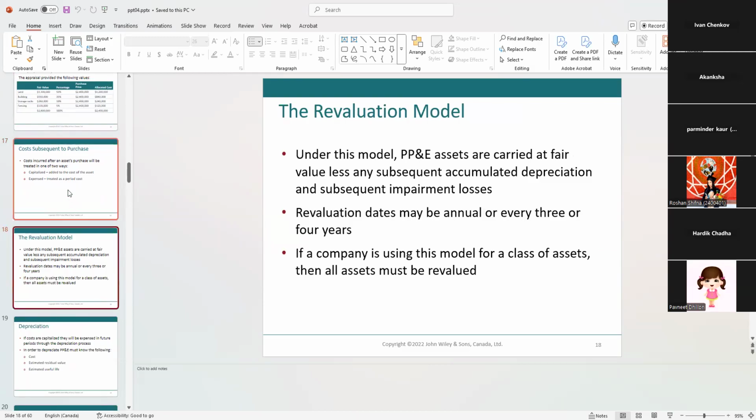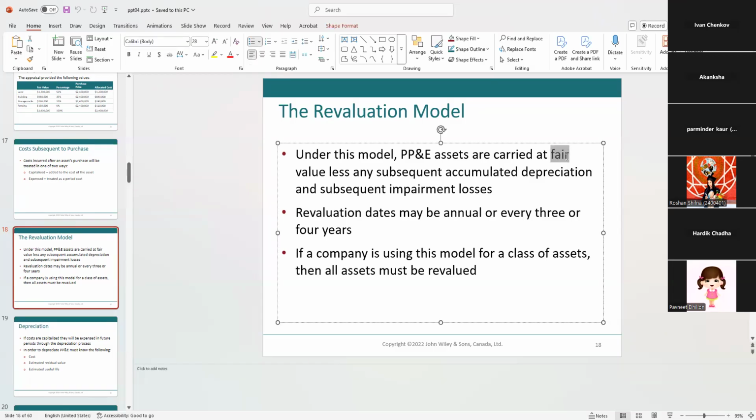Then we have the revaluation method. The revaluation method doesn't consider the cost now. It considers the fair market value of the asset less accumulated depreciation and subsequent impairment loss. So what's the difference? In the first, the cost method, we have the original cost instead of fair value.